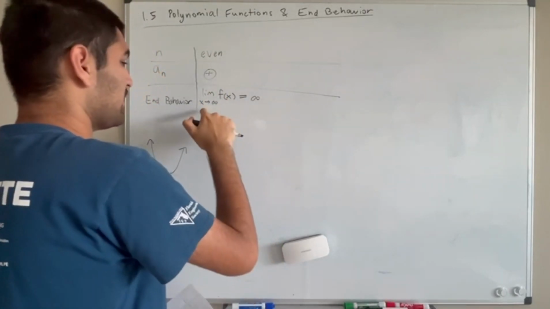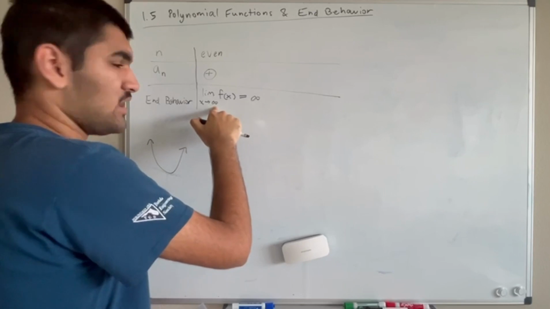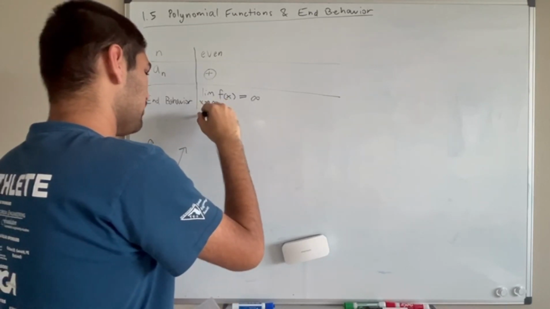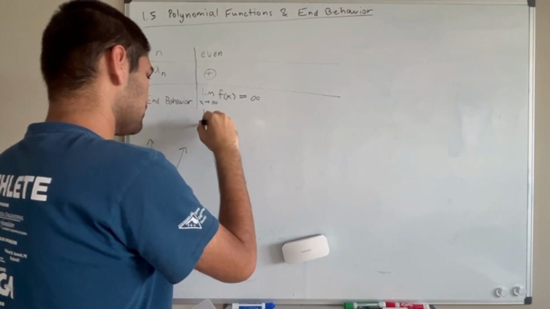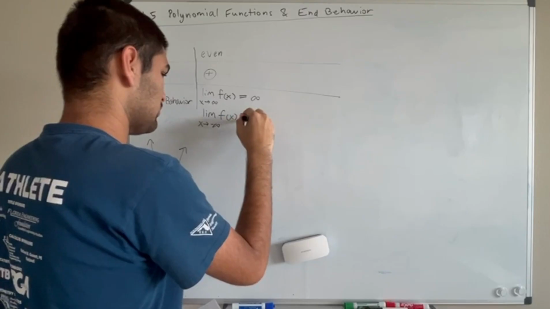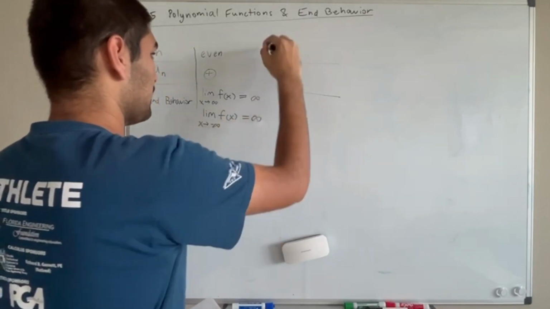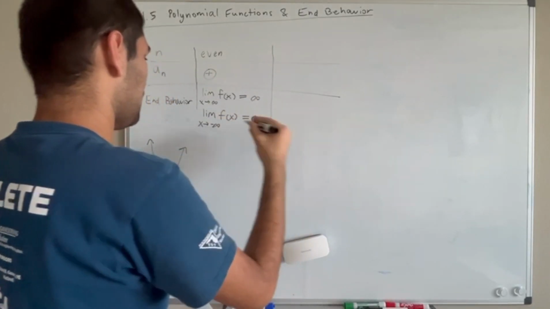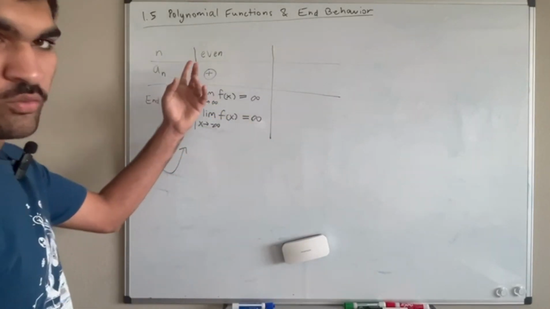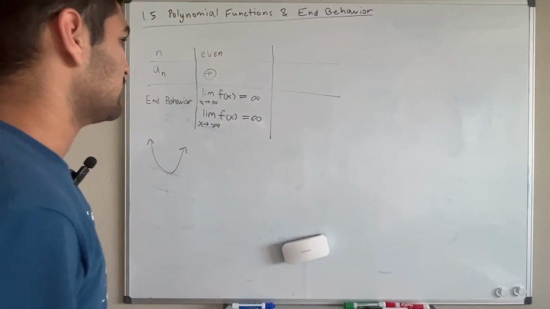Because you have to have one as x goes to positive infinity, and you have to have one as x goes to minus infinity. So we do another one, the limit as x goes to minus infinity of f of x is equal to also positive infinity. Okay, and then boom, that's the end behavior for a polynomial with even degree and a positive leading coefficient.